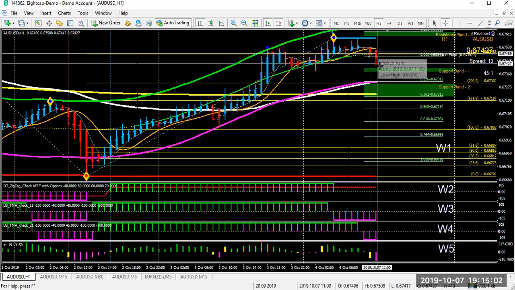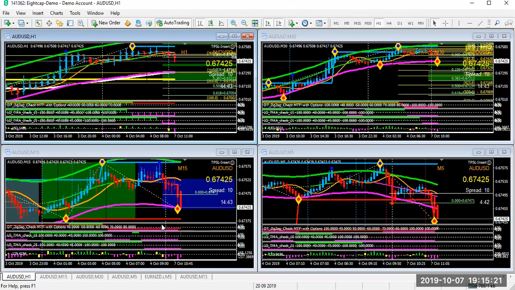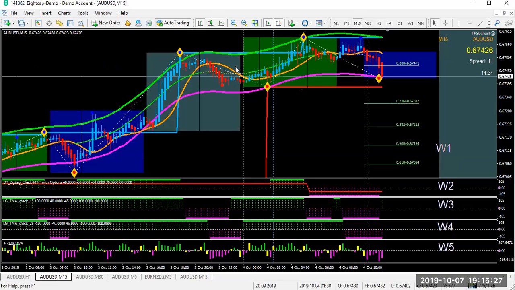That would probably represent a lot of the Aussie 5. But certainly the support band is something that is probably desired to go and touch. It's really that close. The only thing that's really missing that would have provided a bit more information to us would have been report lines.